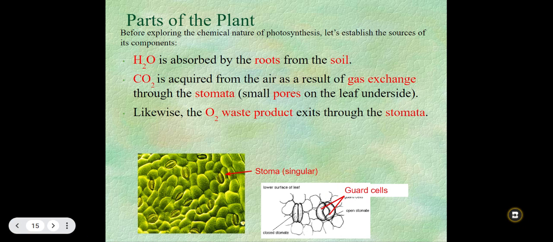All right, parts of the plant. So where do the reactants come from? Water is absorbed by the roots from the soil, and we're going to move it through the roots from the soil up through what's actually called the central vein. If you look at a leaf, as they're falling on the ground all over right now, there's a stem in it.